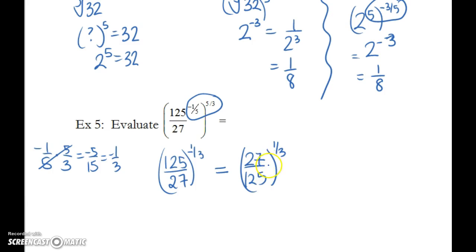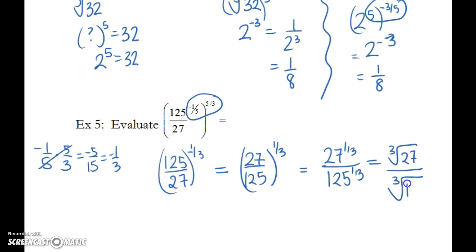Now we ask ourselves, can we simplify further? Well, maybe it would help to convert this to a root. So this becomes the third root of 27 over 125. Actually, let's back it up a moment. Let's distribute that outer power in. That's quotient to a power. So 27 to the 1/3 over 125 to the 1/3. So that becomes the third root of 27 to the first power, and the third root of 125, again to the first power.